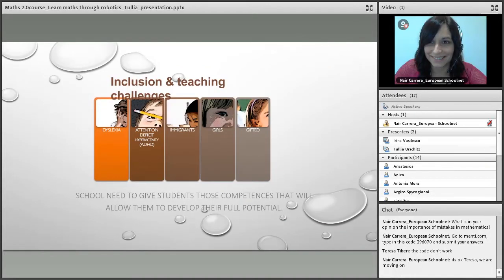As I was telling you before, in each class you have a lot of different students with different learning needs. So working with robots, you can approach all of them. It's a kind of one-to-one learning, but also developing teamwork and going over their difficulties.